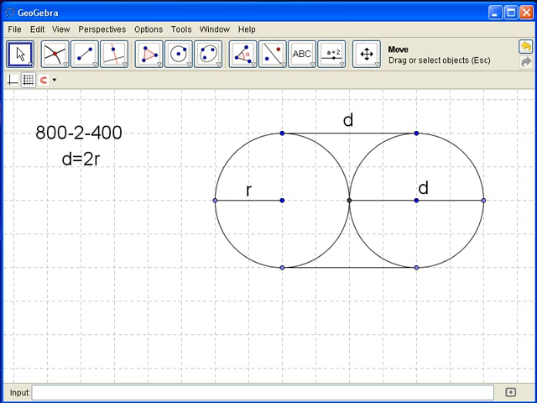Right, now if we start thinking about how to calculate the circumference of this, it would be half a circumference of a circle plus another half of the circumference, so in total 1 circumference plus diameter plus diameter.